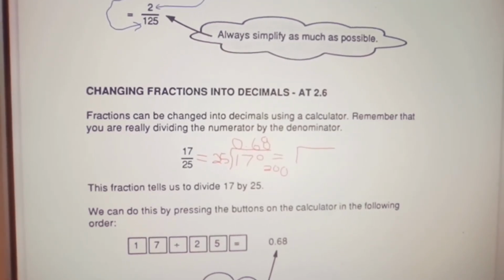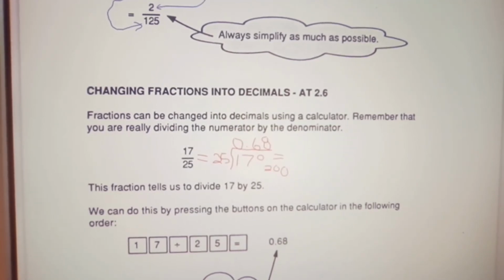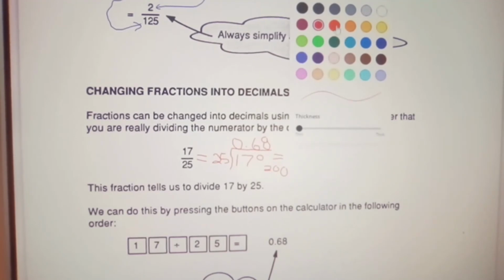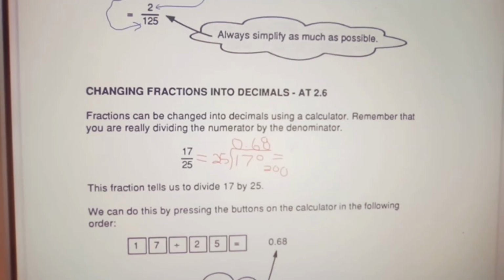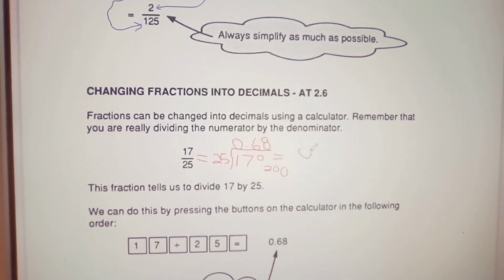Let me just clear this a bit. Let me get my pen back, okay? And that's equal to 0.68.